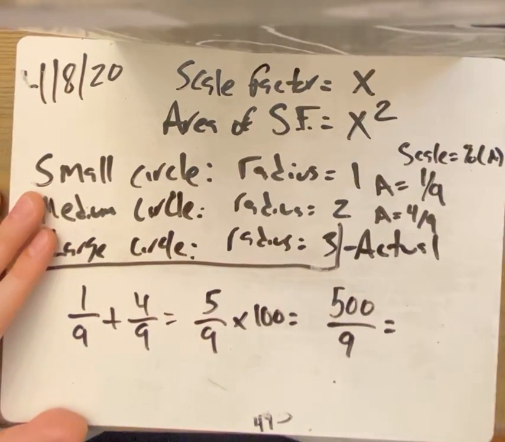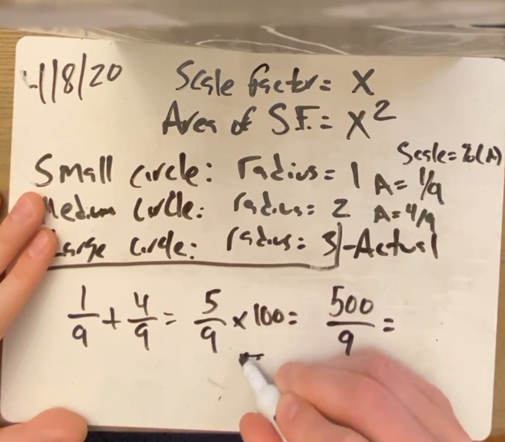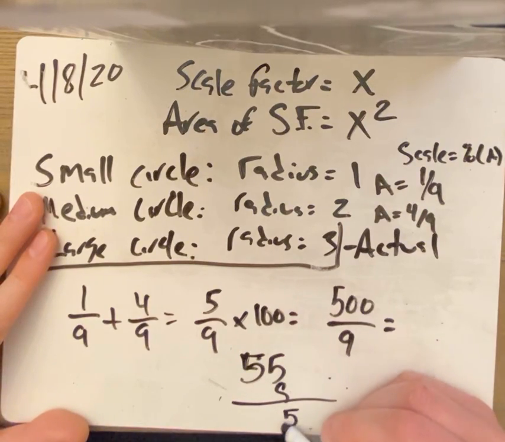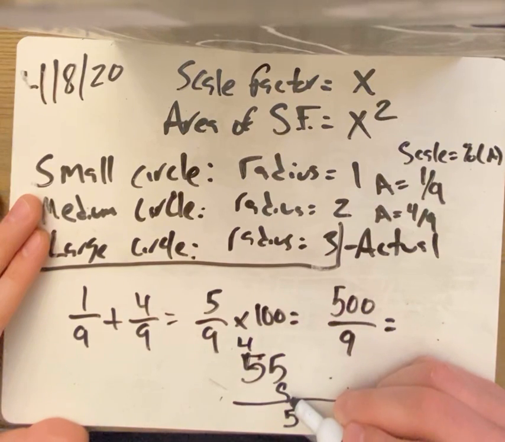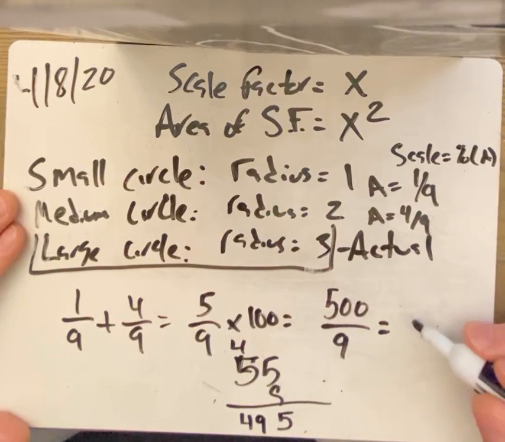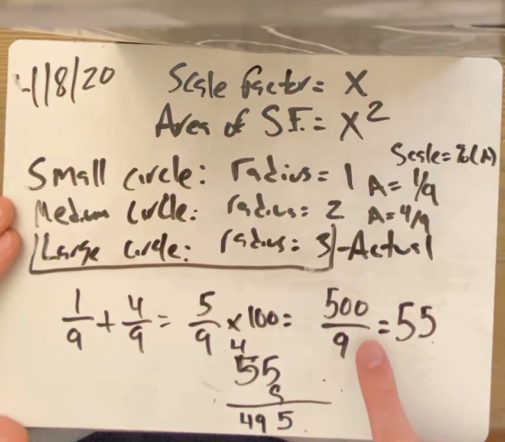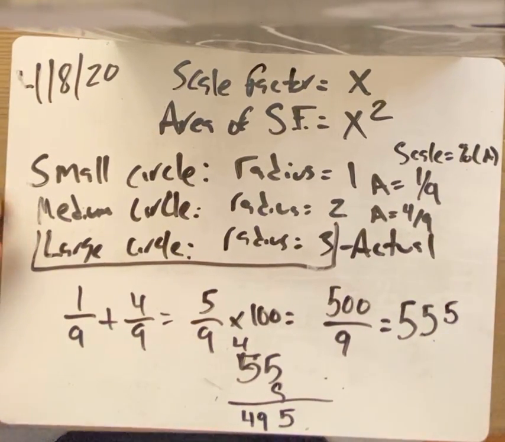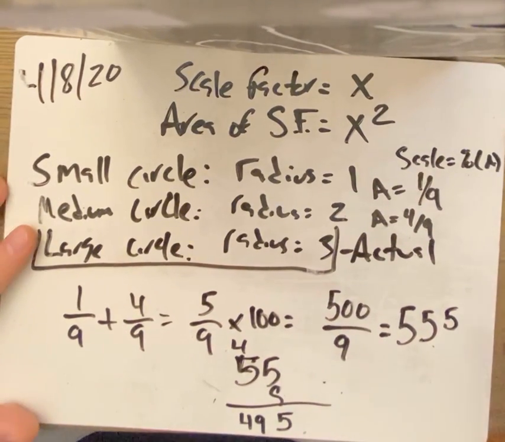Let's try that again. 55 times 9. We got 9 times 5 is 45, plus 4 is 49. Perfect. So I know it goes 55 times. How much is left over? 500 minus 495 is 5, and then I put it over my first denominator, which is 9.